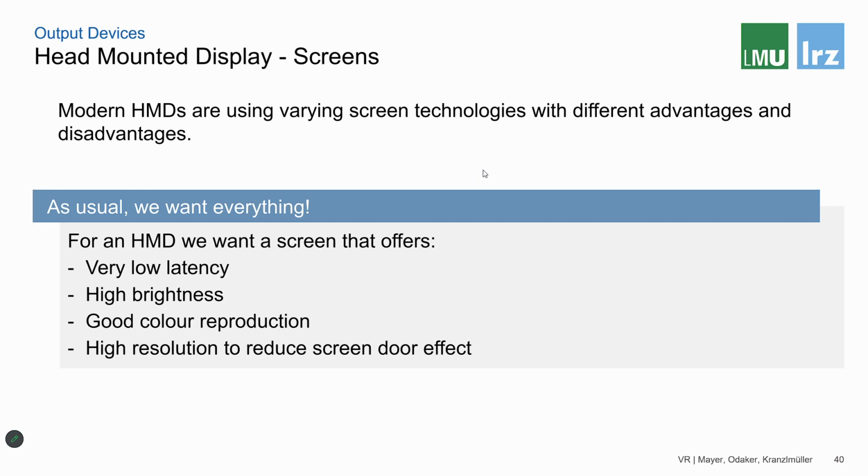We want very low latency. For those of you who remember LCD screens of yesteryear, from the 90s, the notebooks, they were really slow, and moving the mouse, you could see a trail from the mouse.